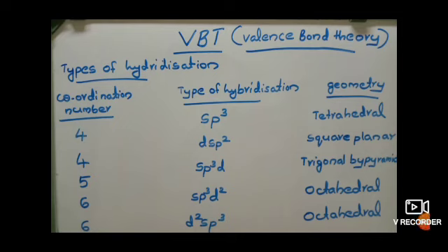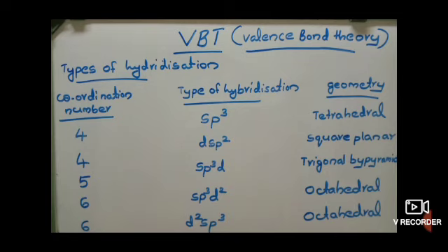According to valence bond theory, VBT, the metal atom or the central ion under the influence of ligand can use its n-1 d, ns and np orbitals or ns, np and nd orbitals for hybridization.